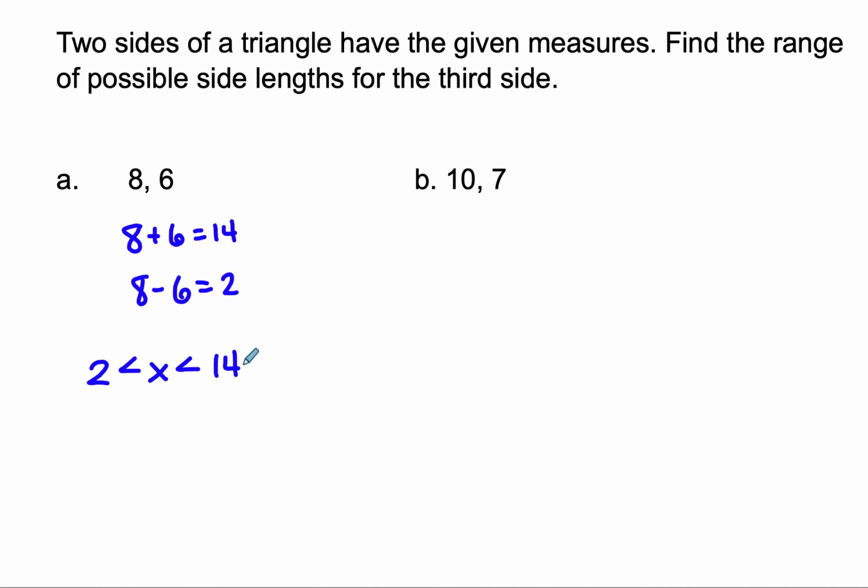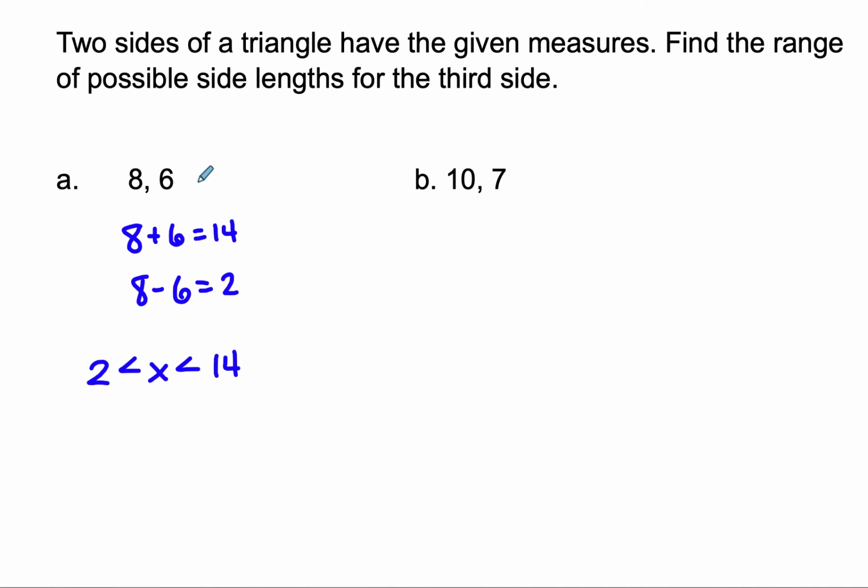It's called a compound inequality because it's got more than one inequality sign in there. That means x can be bigger than 2, so like 3 plus 6 is 9, that's bigger than 8, but it also has to be less than 14, because once you get to 14, 8 plus 6 would be the small numbers, and it has to be bigger than our last one.